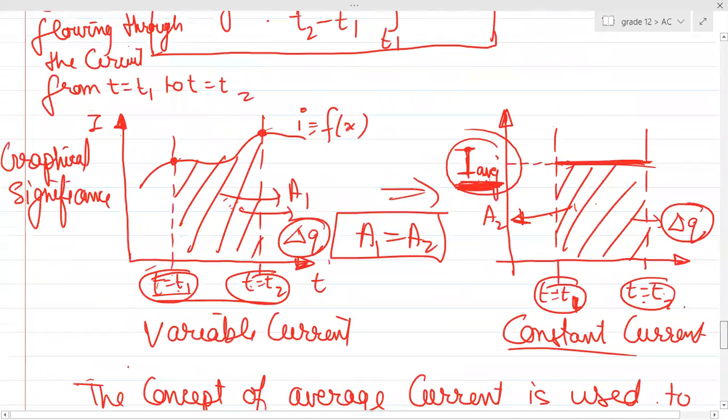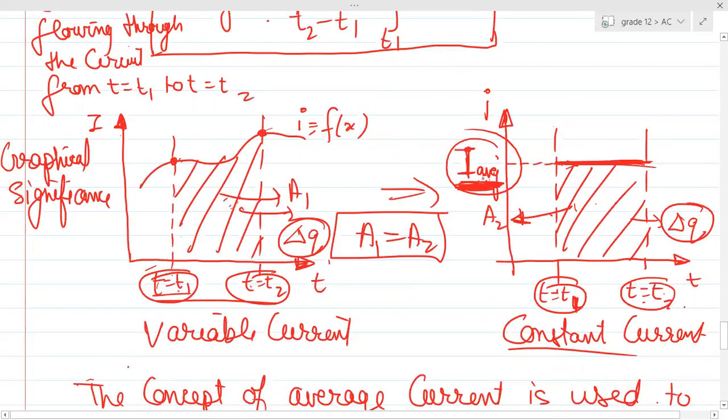Now after this, in the first case when the current was a variable current, it may be sinusoidal, it may be alternating, it can be any type of current, right? But it should be variable. But in the second case, it is not variable at all. The current is a constant value, right? So whenever current is constant, can I say it is a direct current? Yes or no?